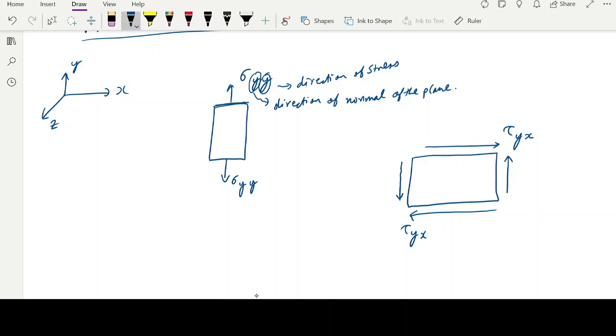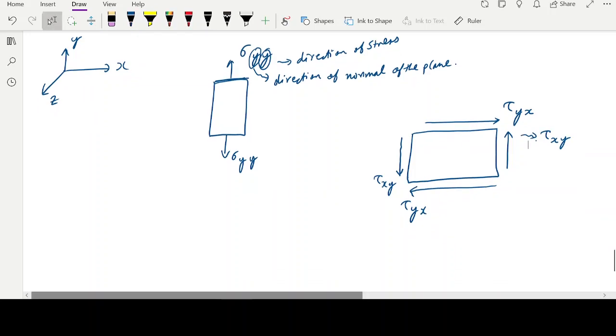So this can be denoted as tau. The direction in which it is acting is y, and the plane in which it is acting, its normal is in the x direction, tau xy. Okay, this is the stress, tau xy.